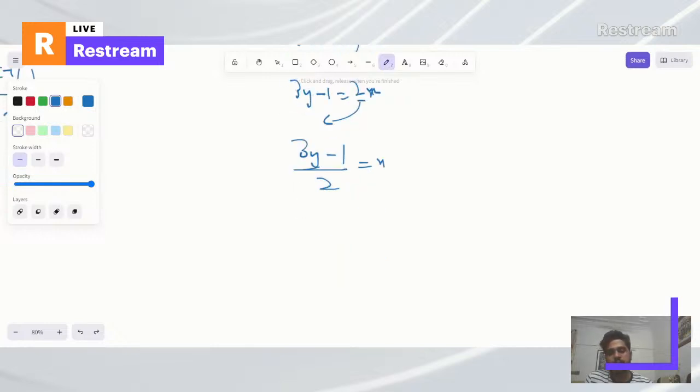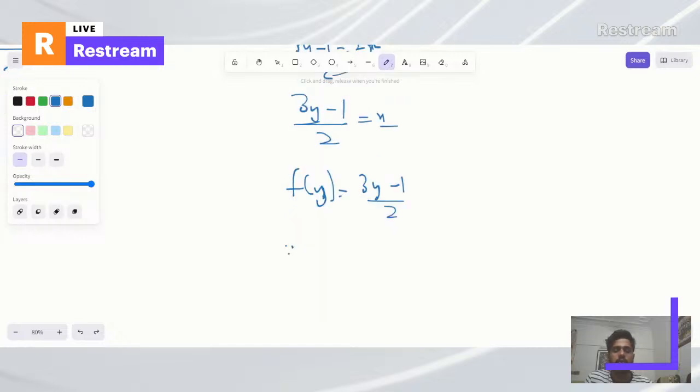So our basic answer would be x. Now we replace this x with a function of y because our whole term is in terms of y. So we write it as f of y equals (3y minus 1) divided by 2. Now remember what I taught you: function of y is always equal to the inverse function of x.